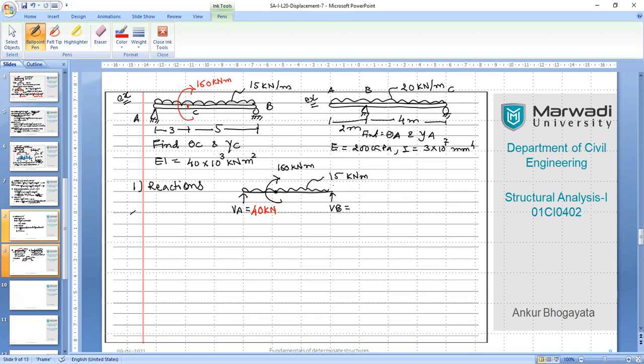So 15 into 8 gives you 120. 120 minus 40, so 80. It should be 80, isn't it? Right?